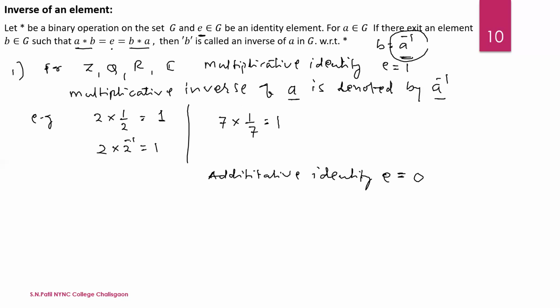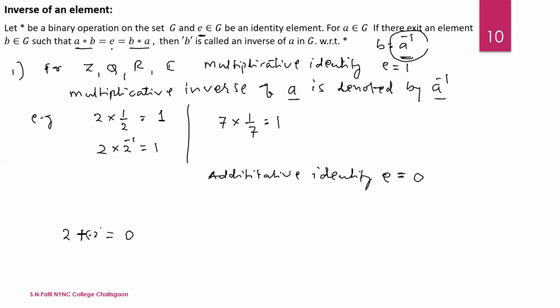Let us take a particular example. 0 is the additive identity for Z, Q, R, and C. Now I am taking 2, and addition is the operation here. 2 star the inverse is equal to 0, so we find the number such that after applying this operation we get 0.